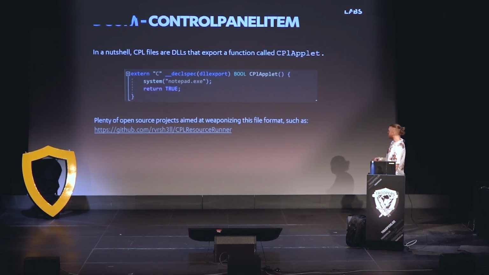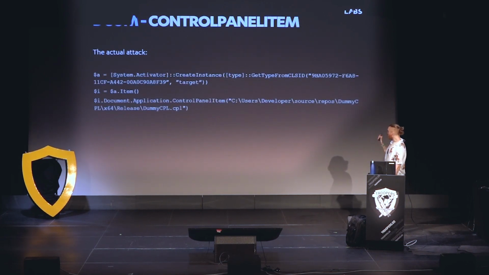But again, we can use the method that we've discussed above to load CPL files. This is the PowerShell snippet. I'm using PowerShell just for this demo. Don't necessarily use it for real engagements, but you can use it in C#, or from in-packet or whatever. So again, ControlPanelItem, you can just specify the CPL file that you've dropped on disk on the remote host.